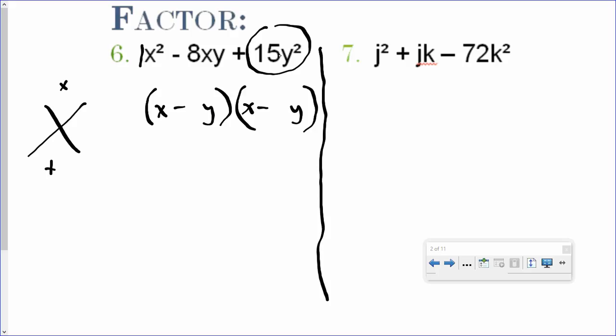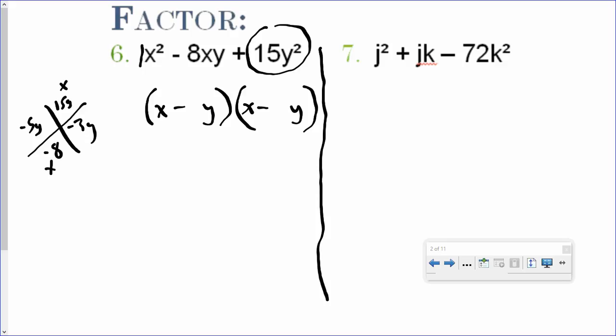So what multiplies together to make 15? How about, oh, I don't know, 3 and 5? Does that work for you? What multiplies together to make 15y squared, adds together to make a negative 8? Let's try negative 3y and negative 5y.